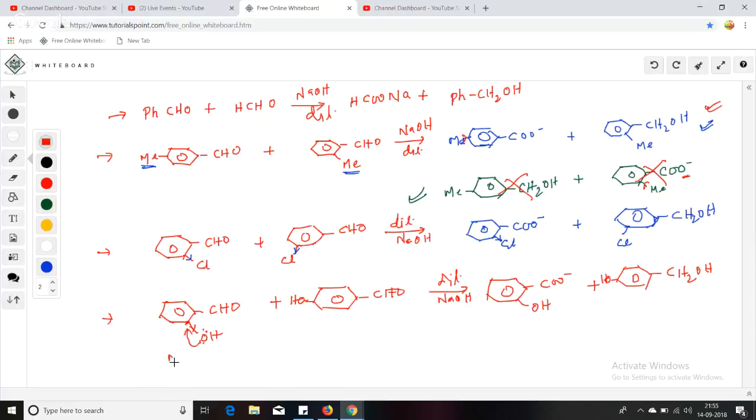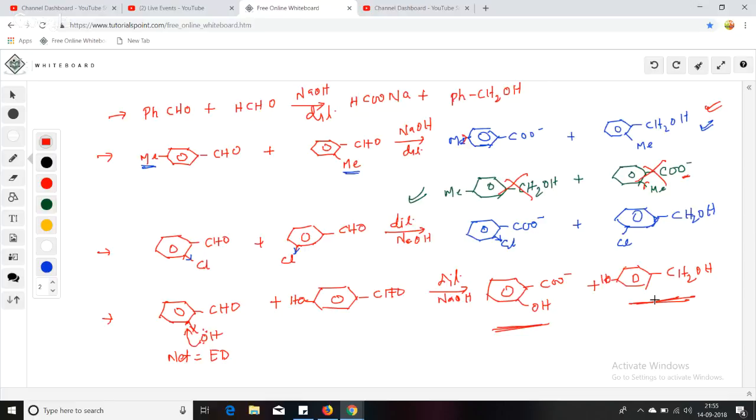But the net effect is what? Net effect is electron donating. Plus R dominates over here. So because of the dominating nature of plus R, the product is this and this. Like this, we can easily understand.